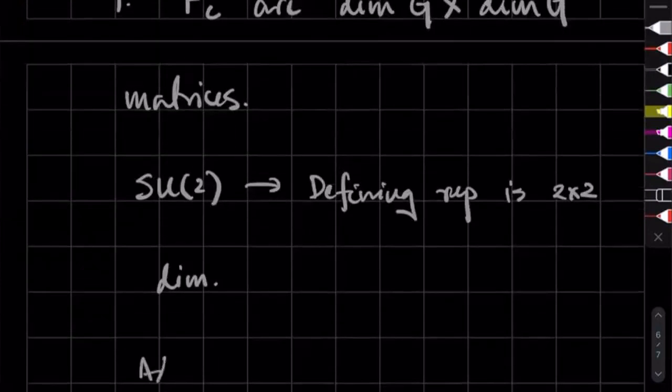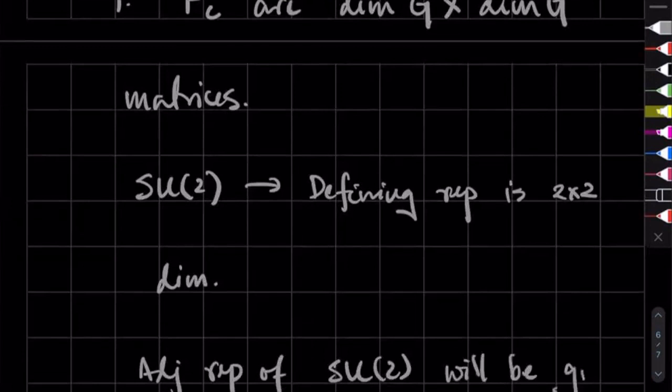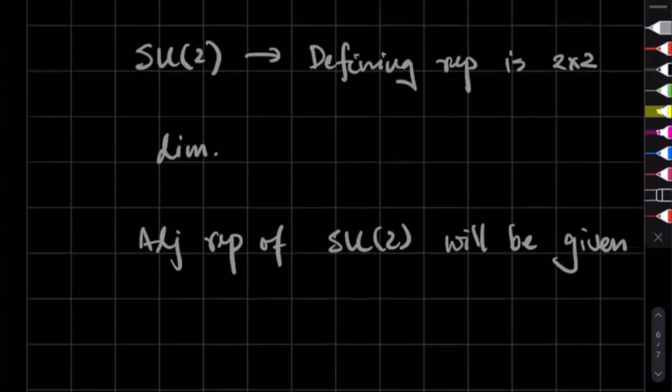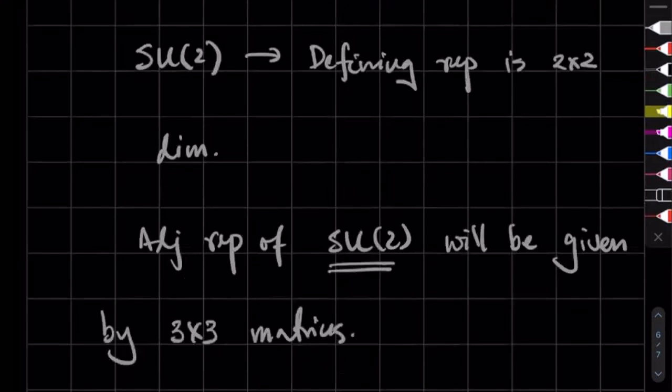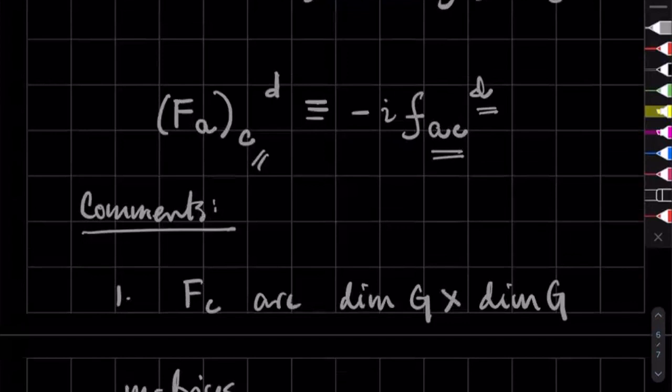But the adjoint representation of SU2 will be given by 3x3 matrices, because the dimension of SU2 is 3. And here we see that the definition of the adjoint representation is that the dimensionality of the matrices is equal to the dimensionality of the group or the algebra.